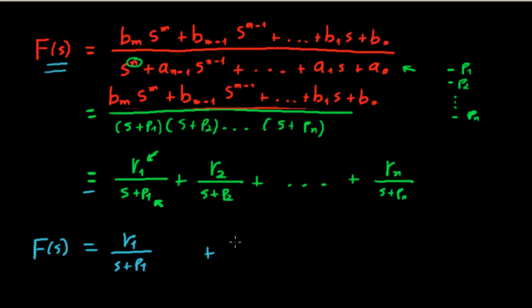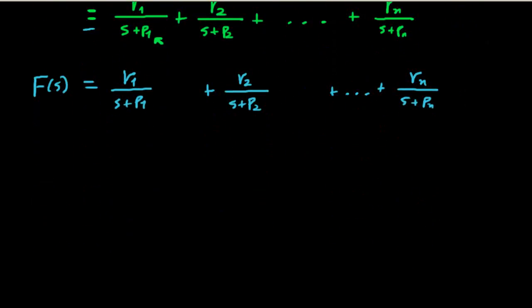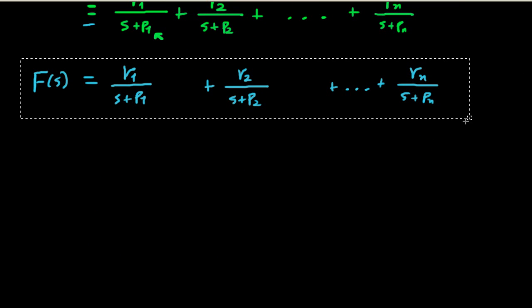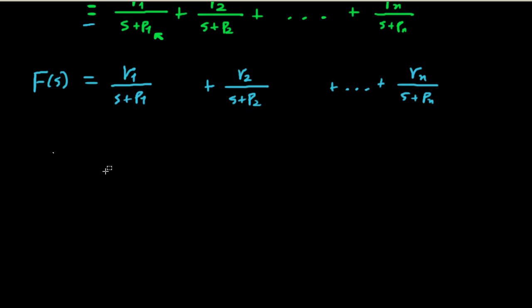I'll leave some space here and write r2 over s plus p2, some space, dots, rn over s plus pn. And now let me copy this because I'll need it twice.